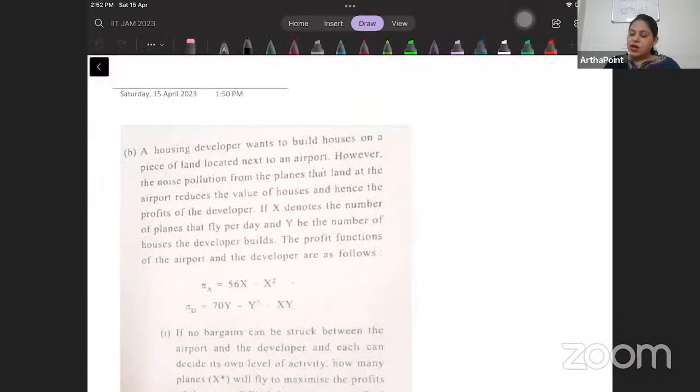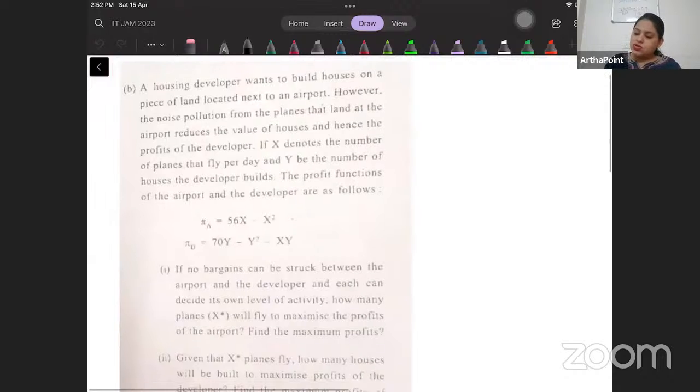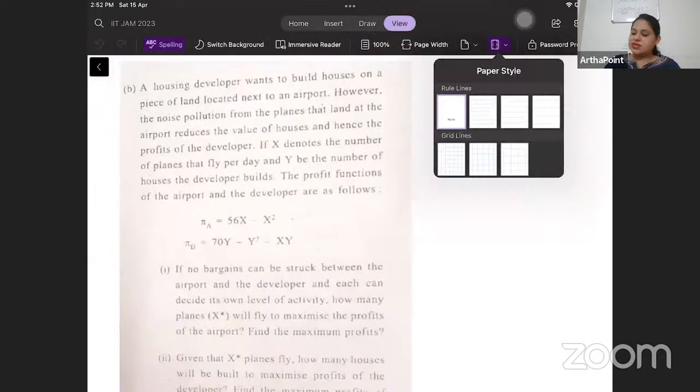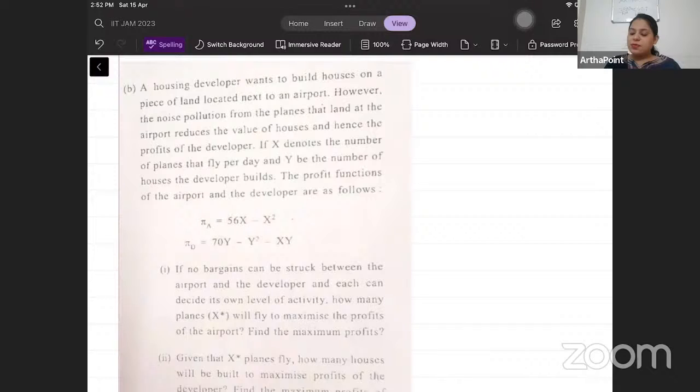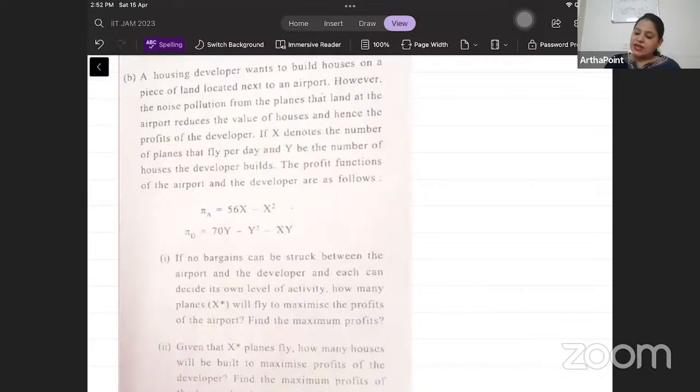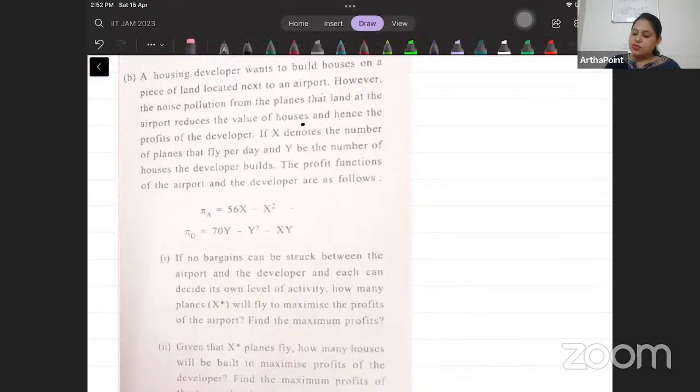A housing developer wants to build houses on a piece of land located next to an airport. However, the noise pollution, a question on externality, from planes that land at the airport reduces the value of houses and hence the profit of the developer.